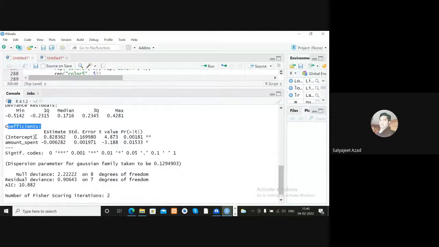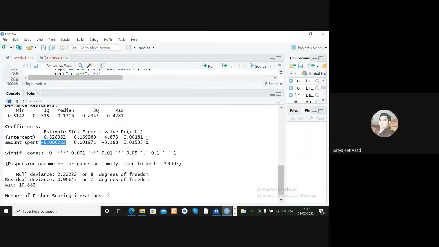This is basically an intercept, but the valuable one for us was amount spent, and corresponding to amount spent we got this estimated coefficient. There is some error attached to this estimate, the standard error basically. But we are not interested in this, we are only interested in the coefficient.